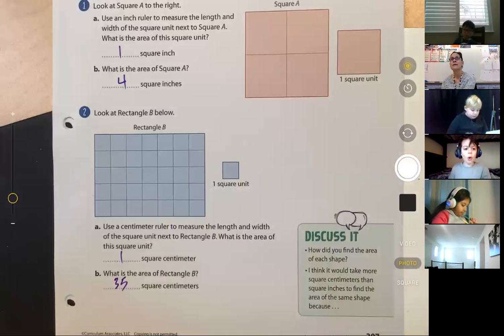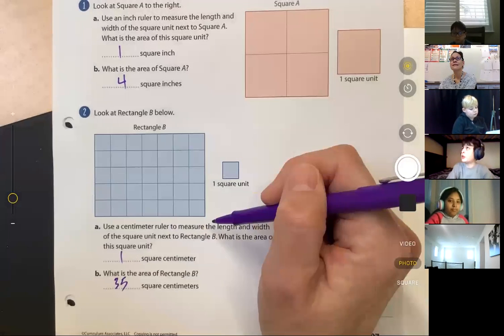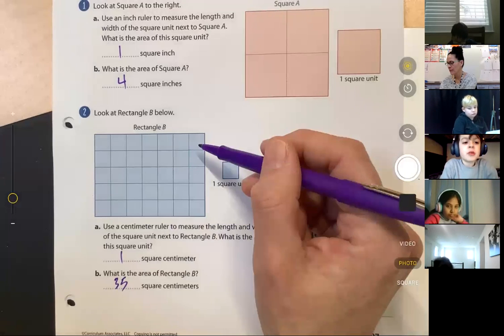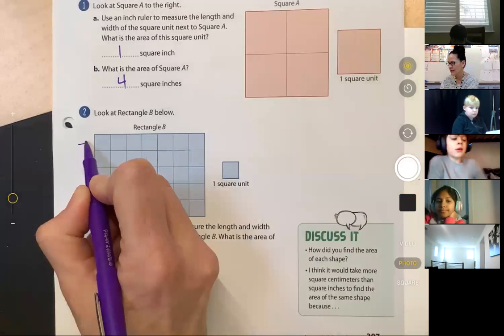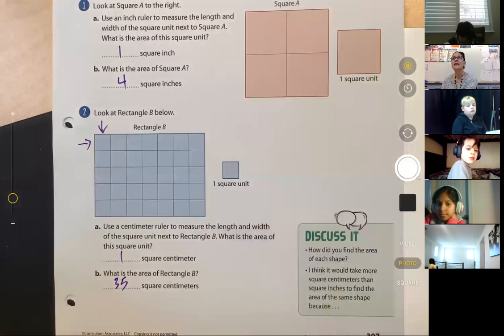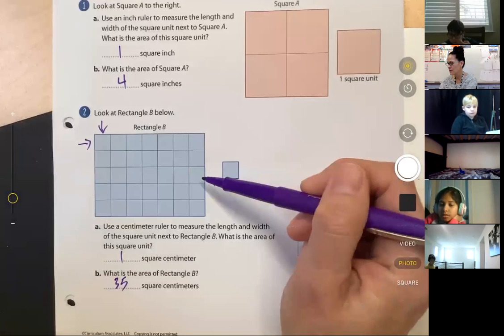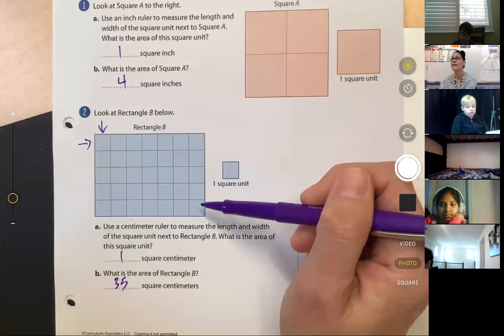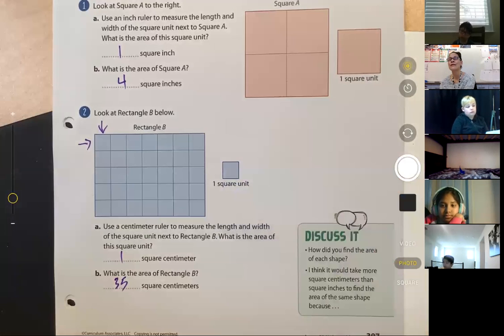35 square centimeters. Students quickly see when they are calculating these models is that, again, it looks like an array, and it has a certain number of rows, a certain number of columns. Students quickly recognize that they can forward count, right? So we could forward count 7, 14, 21, 28, 35, instead of counting every single square.